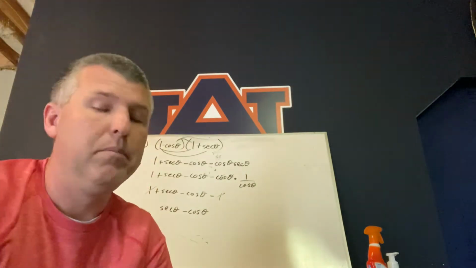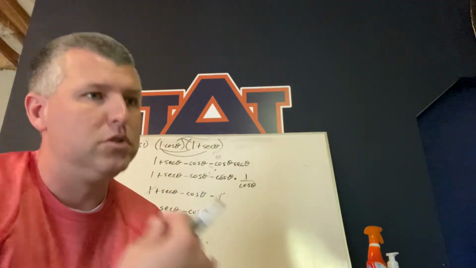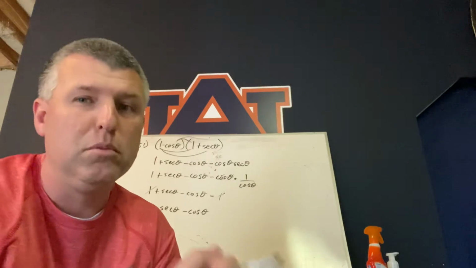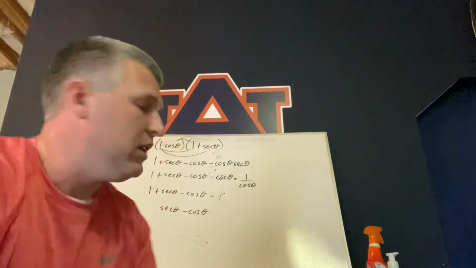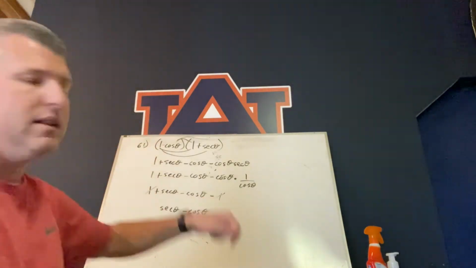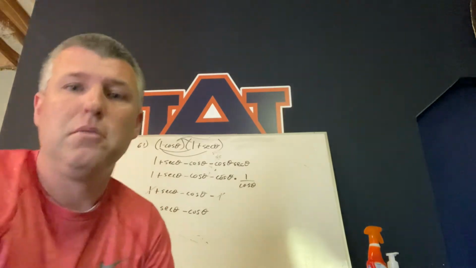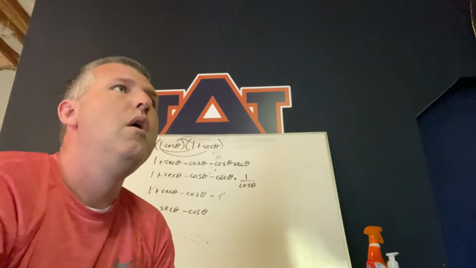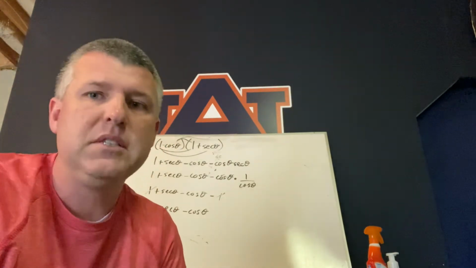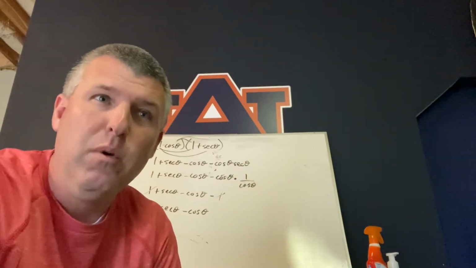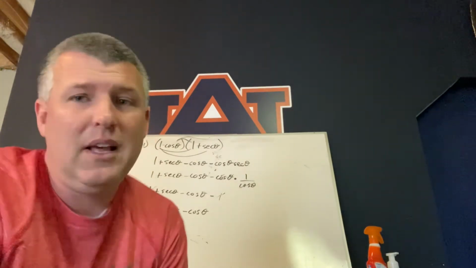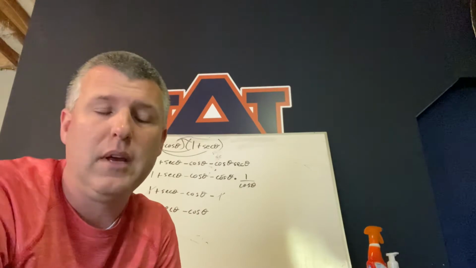Okay, 100%. But now, sometimes, if we're taking these tests and they're multiple choice, unfortunately, secant theta minus cosine theta may not even be a choice. So, how do we know when to stop? And guys, sometimes the answer is we really don't.